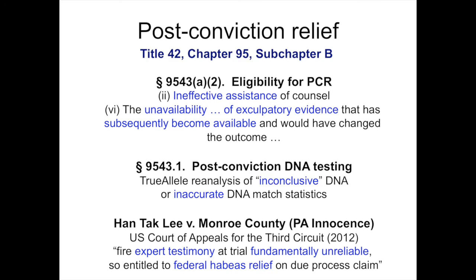And as I show in the middle, TrueAllele analysis of DNA evidence that had been called inconclusive but is now informative has been the basis of getting a hearing in some states, because of inaccurate or inconclusive statistics.